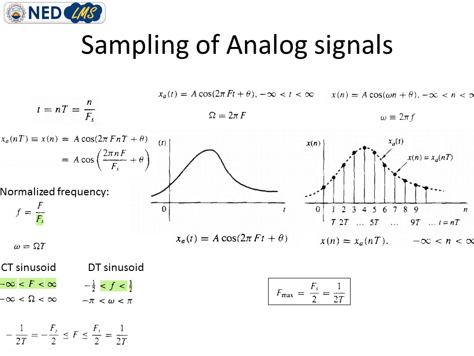So here we are replacing capital T by 1 over fs because capital T is the sampling time period or sampling interval and fs is the sampling frequency. So the expression becomes A cos(2 pi n F over fs plus theta).